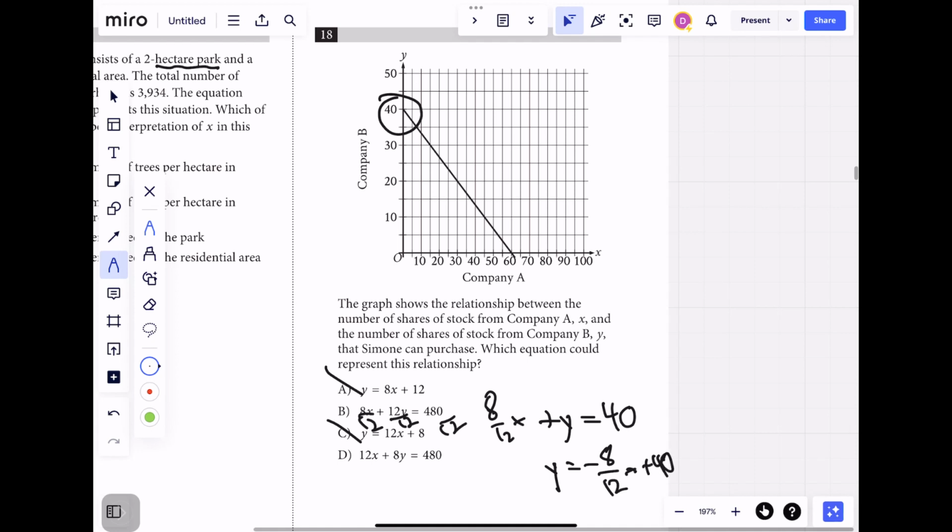And it's not going to be D because we just divided 480 by 12 and got 40, which matches the y-intercept. And this one is 8x, and 480 divided by 8 is 60. So we know that that's not going to line up.